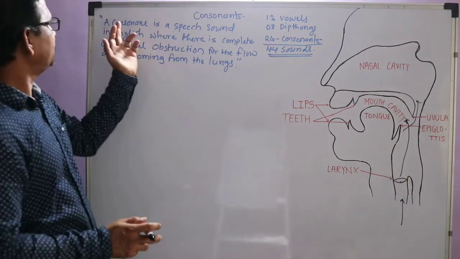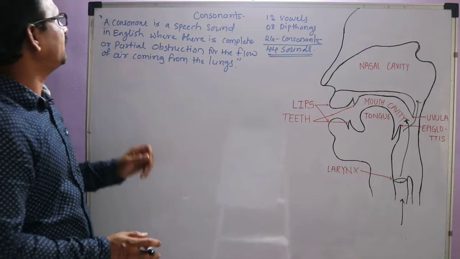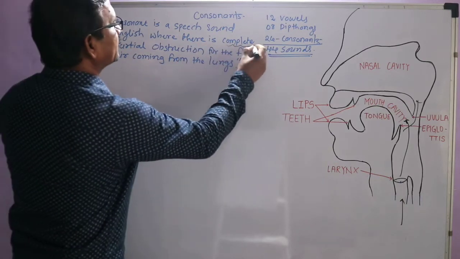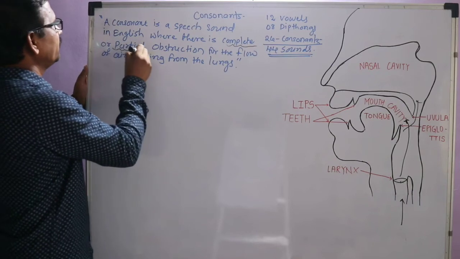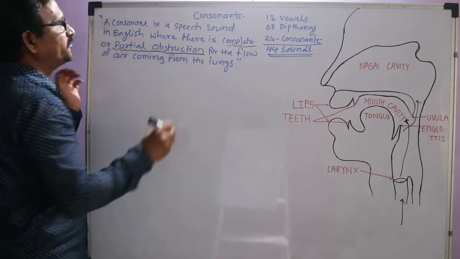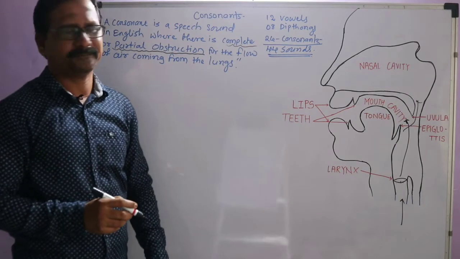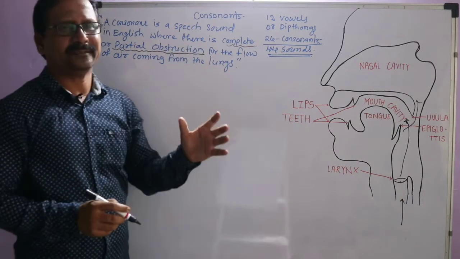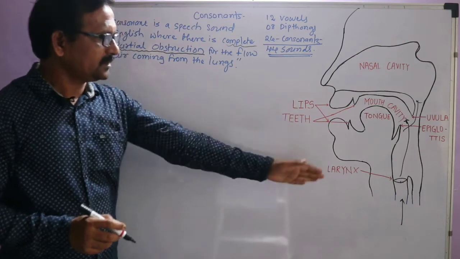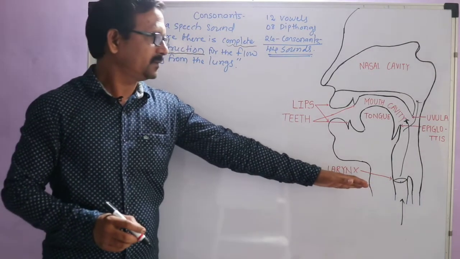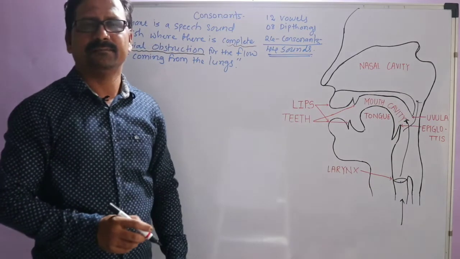So what happens is that a consonant is a speech sound in English where there is a complete or partial obstruction for the flow of air coming from the lungs. Complete or partial. Just look at this figure of the speech diagram and how consonants are produced there.